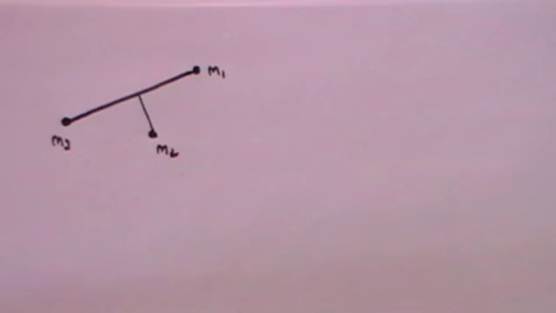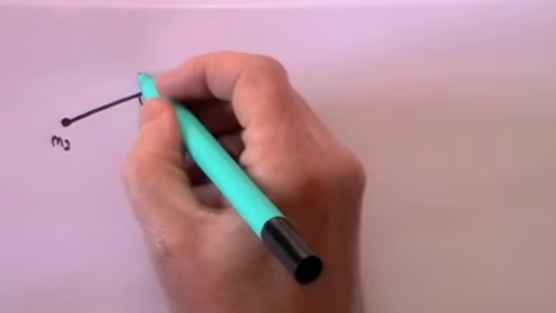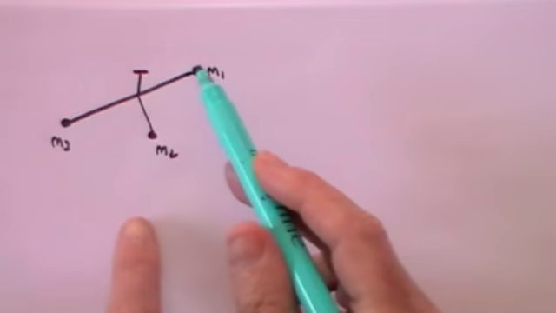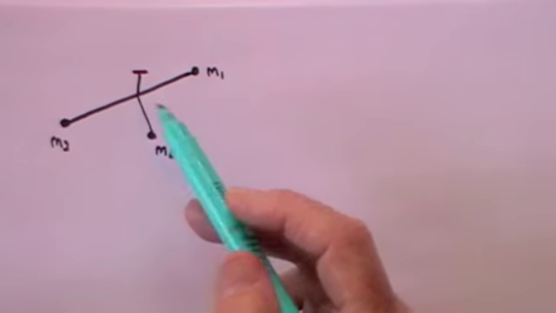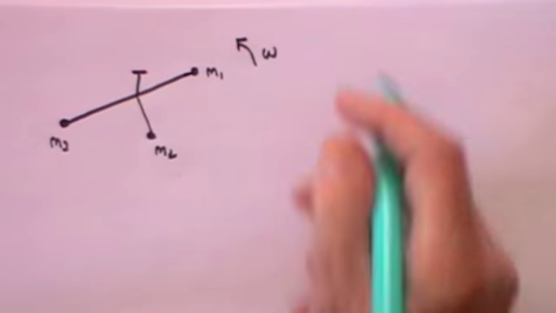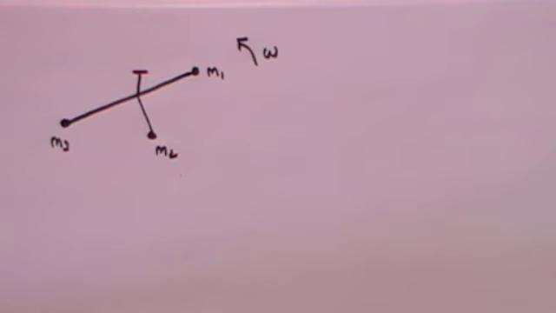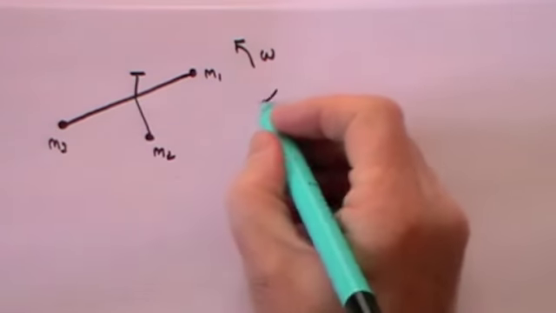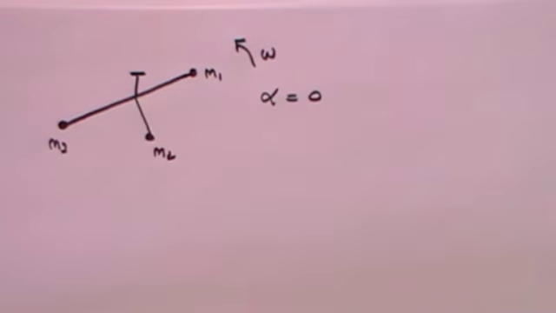So they are fixed, and I'm going to pivot them at this point here. So this whole system can swivel about this point here. And I'm actually going to rotate it with an angular velocity of omega. And there is no angular acceleration. So in other words, it's a constant angular velocity.